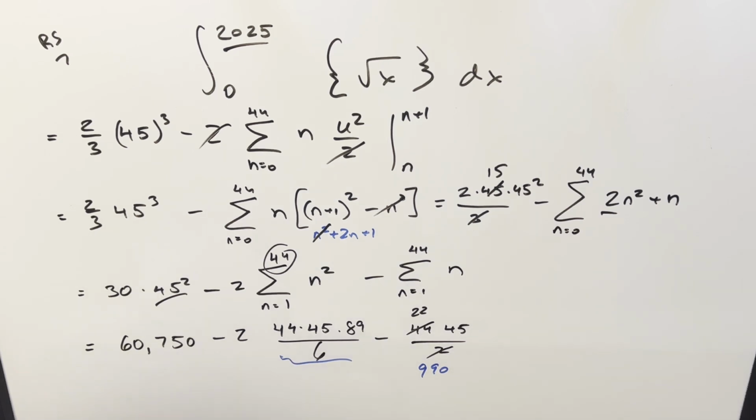Well, my paper says, because this would be a pain to reduce, so this number is 58,740. And so putting it all together, if you subtract from 60,750, 58,740 minus 990, you get the final solution of just 1020, and that's it.